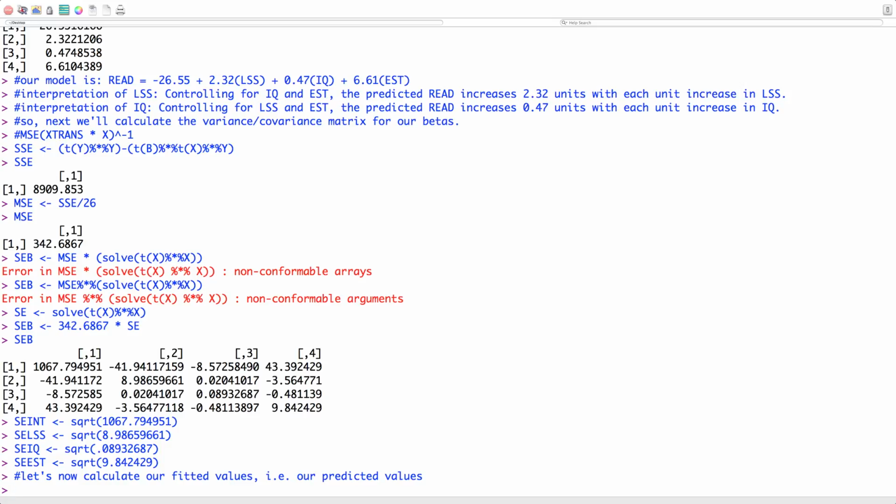So the very first thing I'm going to want to do is create the hat matrix. Let me look something up here real quick.